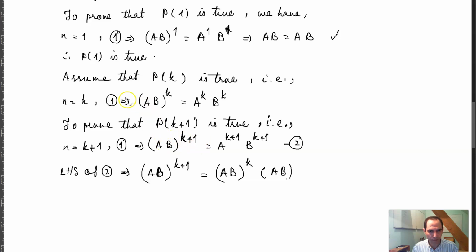Now (AB) raised to the power k over here is equal to A raised to the power k times B raised to the power k, and you want to multiply that by AB.